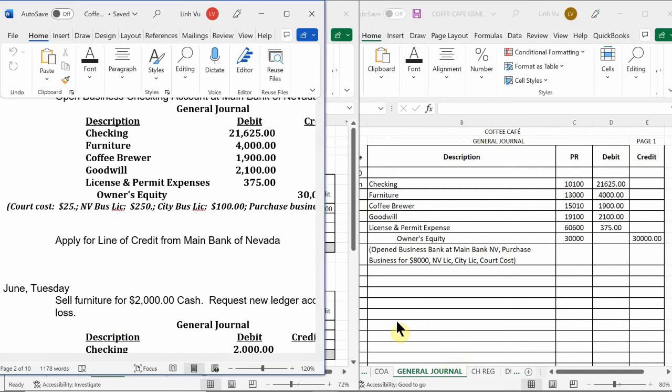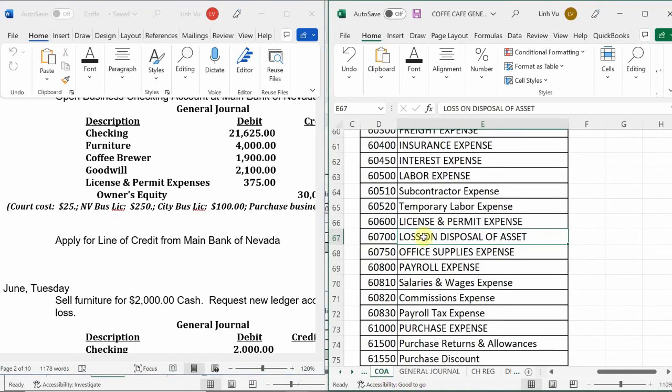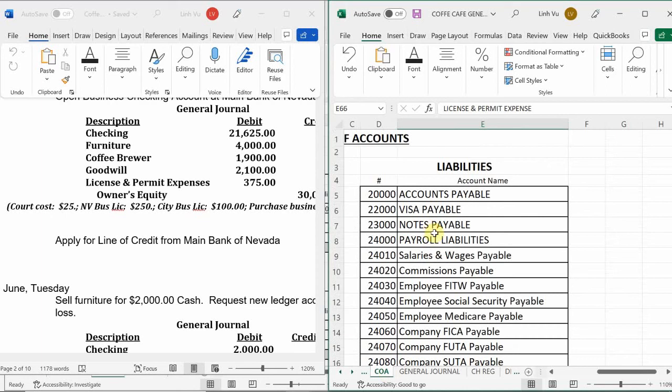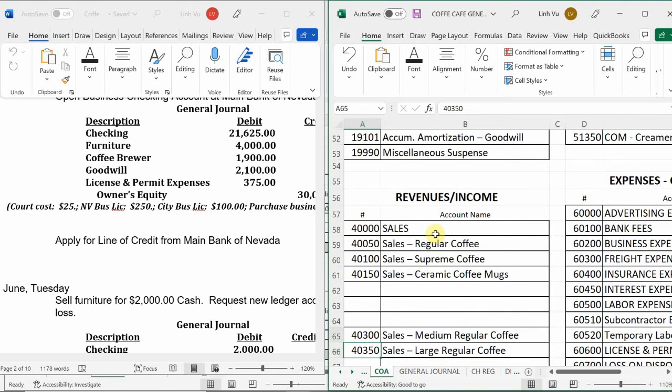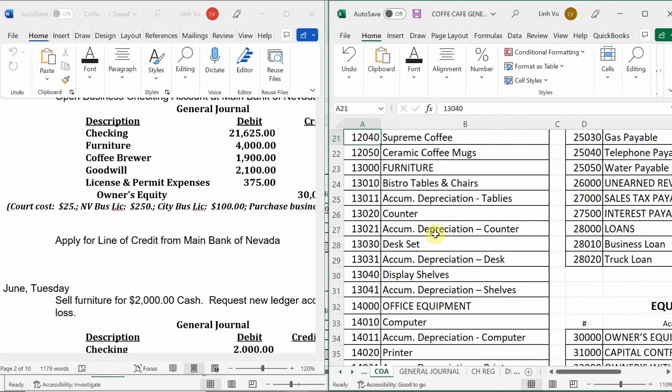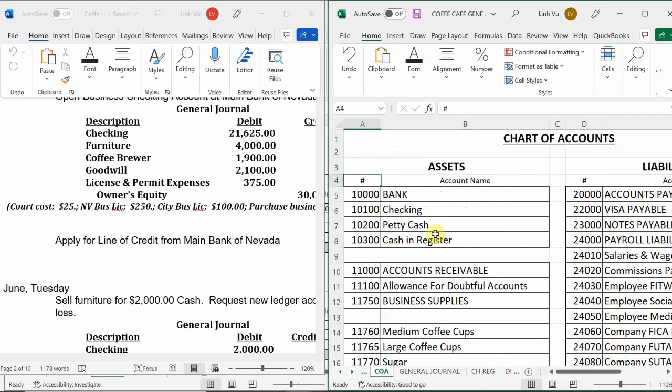So in this case, let's take a look at my chart of accounts. What's the first thing I need to recognize? What did I get out of this sale of furniture? Cash. You got cash. Now, do I have a cash account?